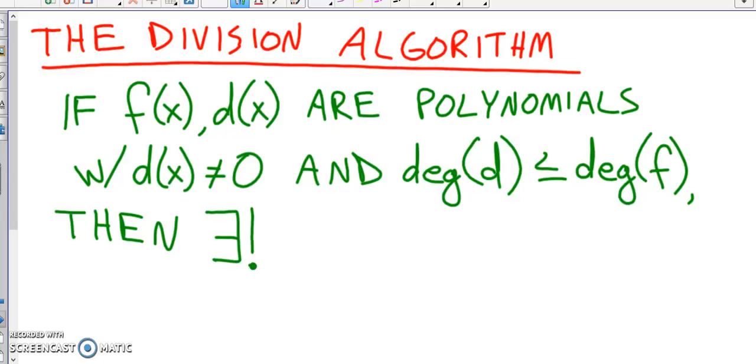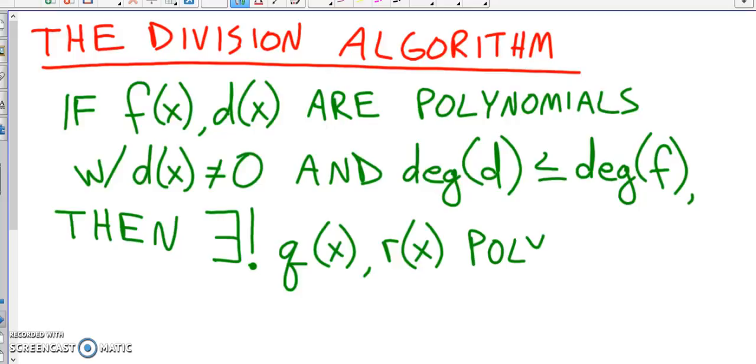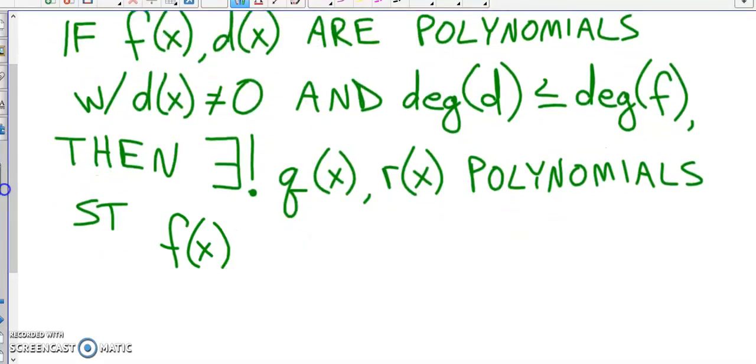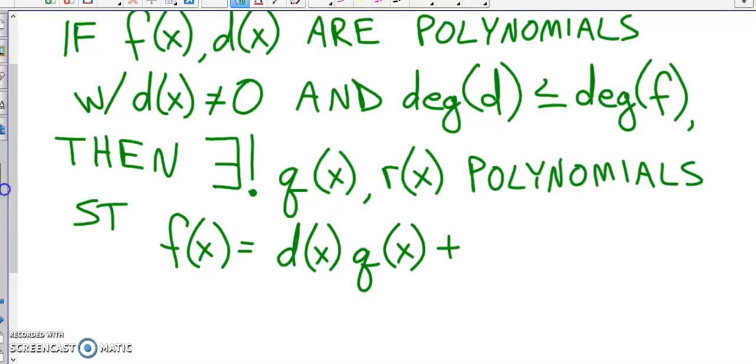There exists a unique, meaning not only does one exist, but there's only one, Q of x and R of x polynomials such that f of x is equal to D of x times Q of x plus R of x.